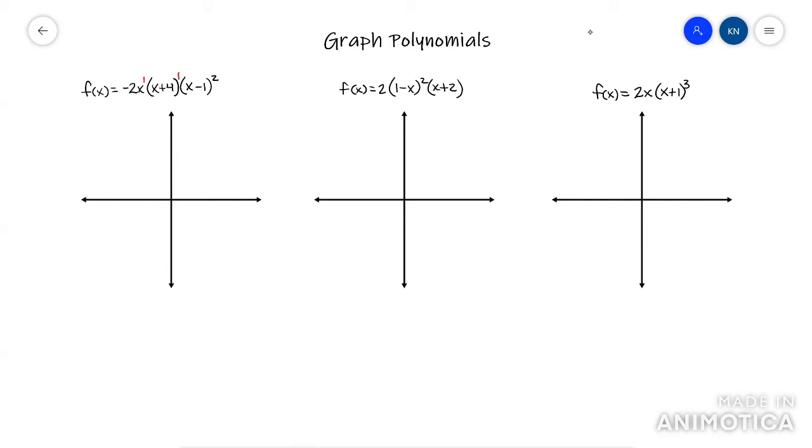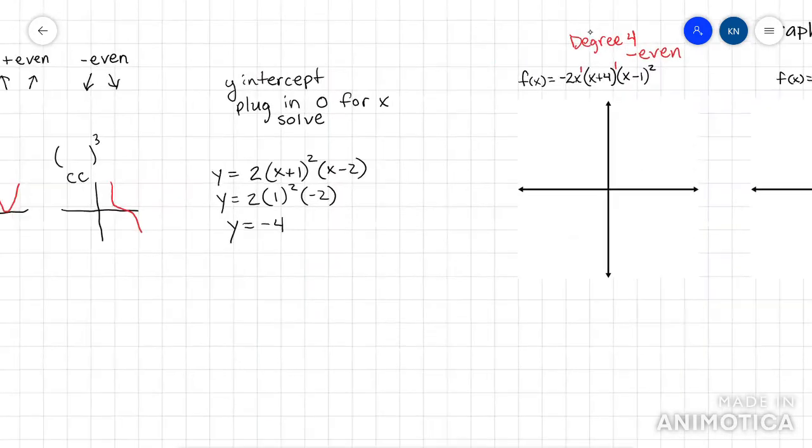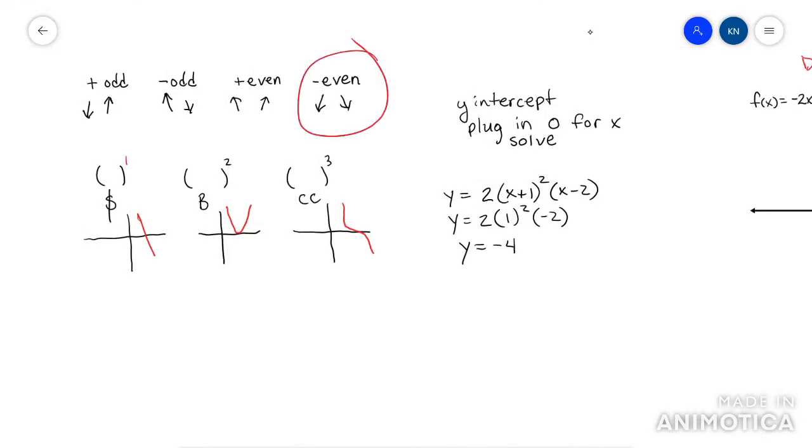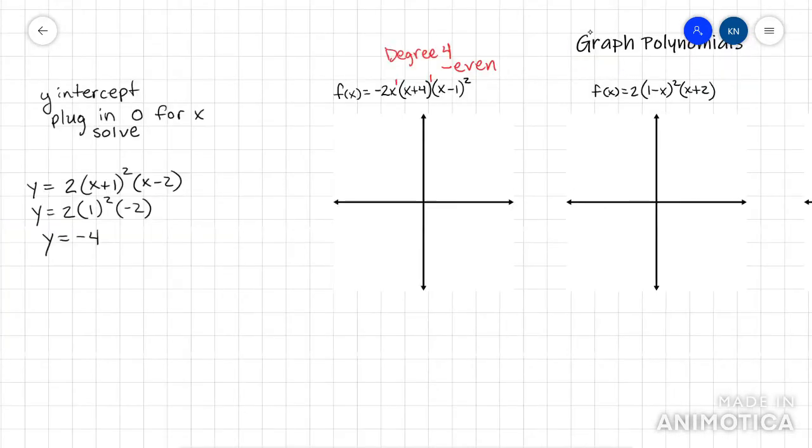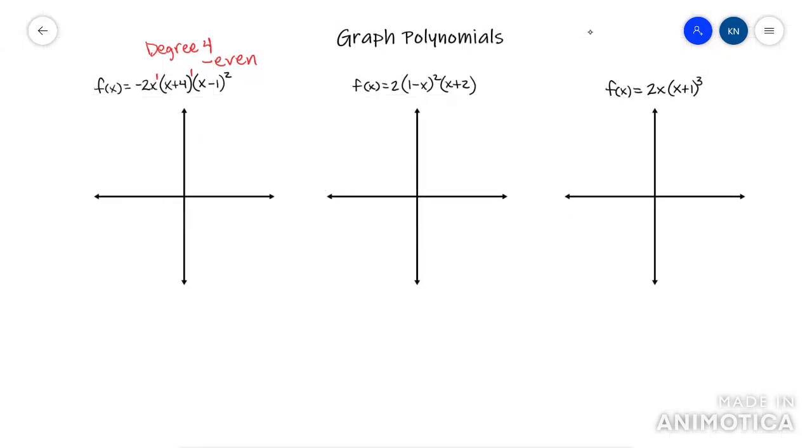So if I add up all of these, I get degree 4. And it is a negative 2 out in front. So this right here would be a negative even function. So if you remember what I was talking about, with a negative even function my arrows are both going to be going down. So I'm going to go ahead and put arrows down like this. That's where my line is going to have to end up. It's going to have to look like that.